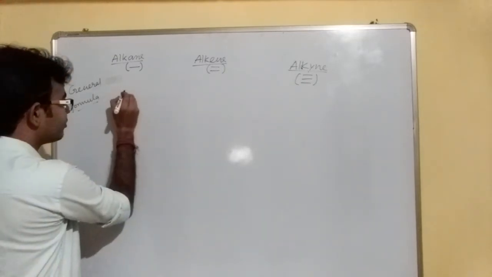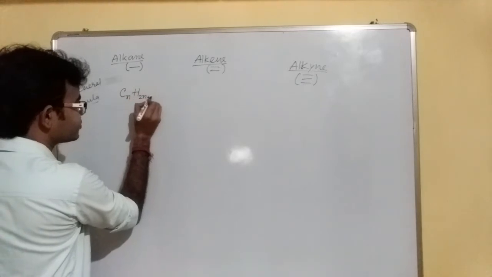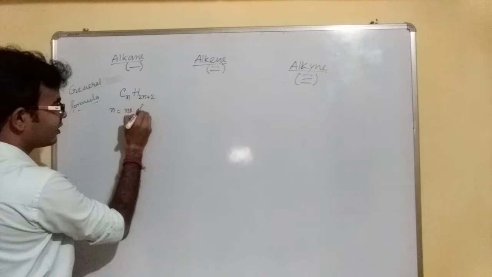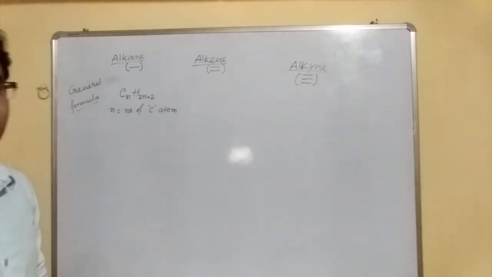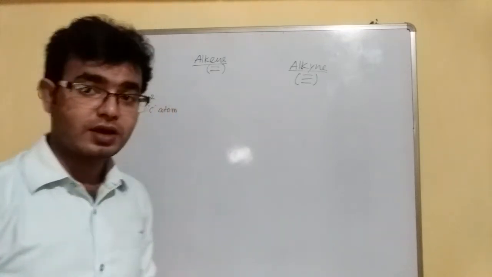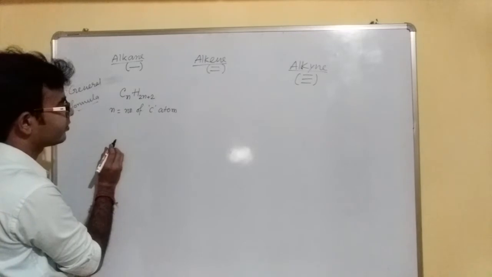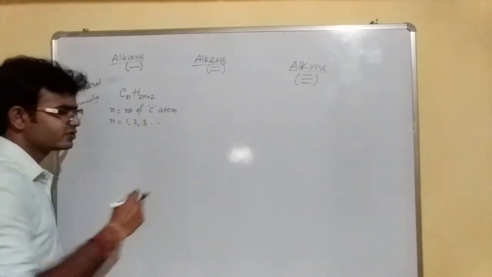Here the general formula of alkane is CnH2n+2, where n is the number of carbon atoms, and the n value may be 1, 2, 3 and so on.